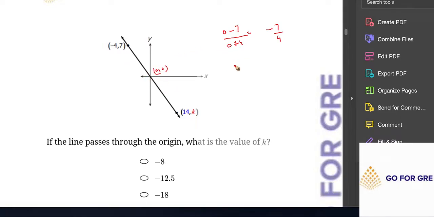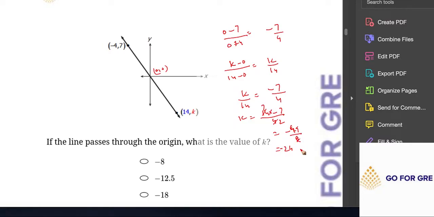So here k minus 0 over 14 minus 0, it is k over 14. Now we have to equate k over 14 because both lines have negative slope. So k is equal to 14 multiply with minus 7 over 4, so minus 49 over 2 is the answer. Further we solve, it is minus 24.5.